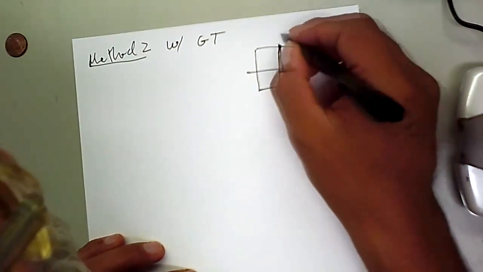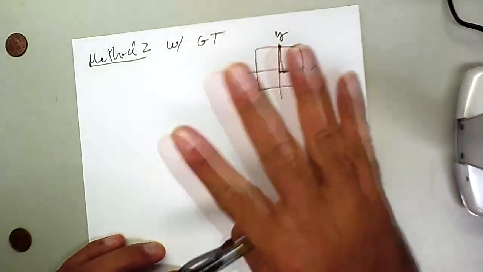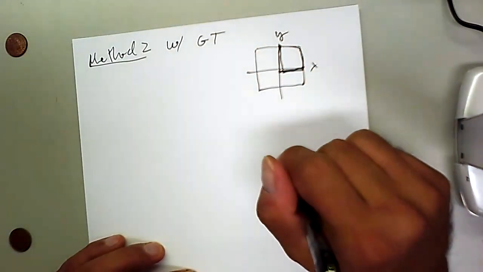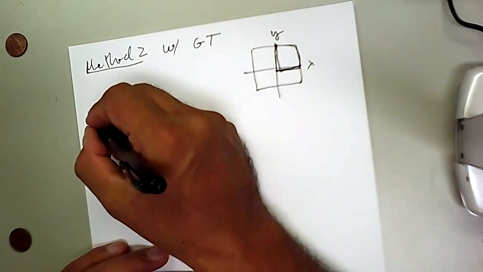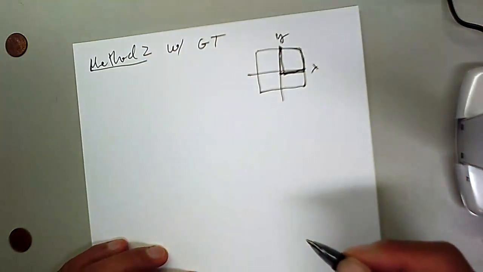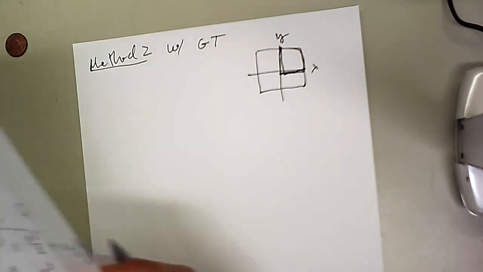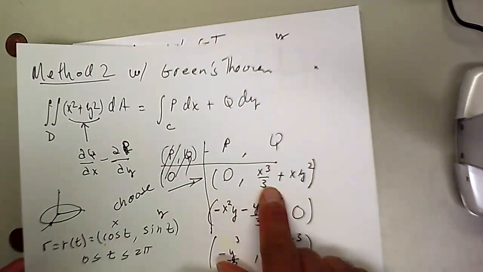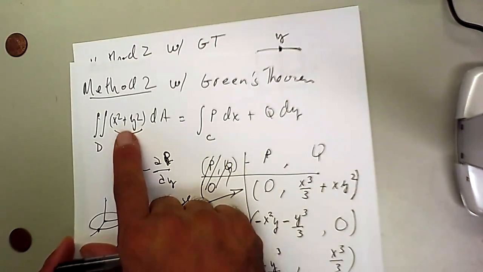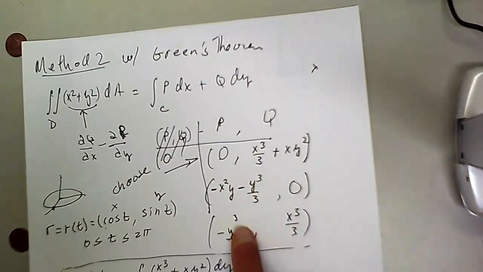So this is the x-axis, this is the y-axis. And we're going to multiply it by 4. But then what are we going to integrate? We want to find, remember, the P and the Q, so that works here. We're not going to integrate this. We're going to integrate one of those.